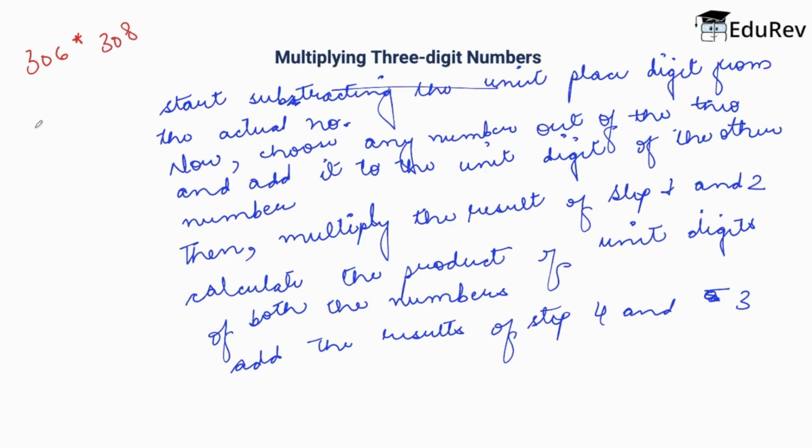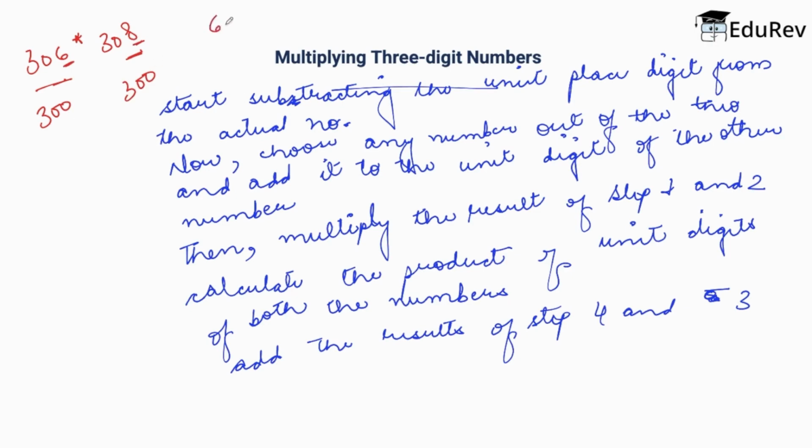So I have to multiply 306 with 308. So initially what I need to do, I need to subtract the unit digits from these numbers. So if I'm subtracting 6 from 306, it will be 300. And if I'm subtracting 8 from 308, it will be again what? 300.